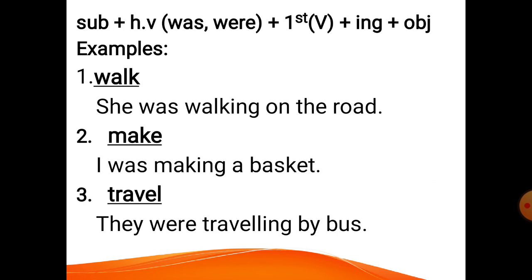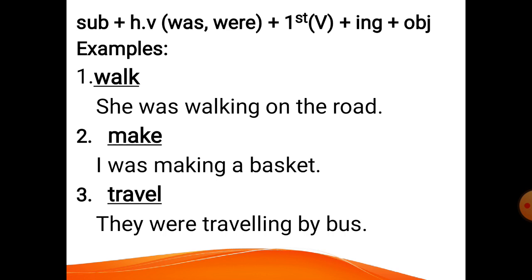Either you can choose a singular subject or a plural subject. I have chosen a singular subject, which is she. As she is a singular subject, we will be using was with it. She was, walk plus ing, it becomes walking on the road. Road is an object. She was walking on the road.